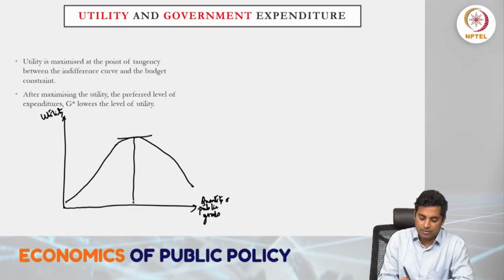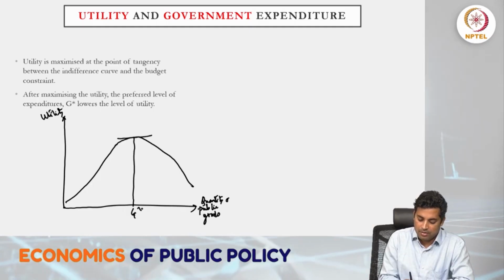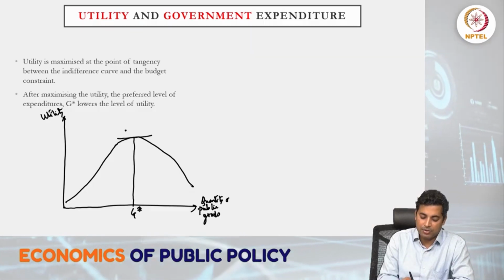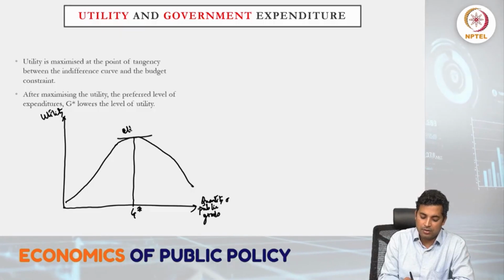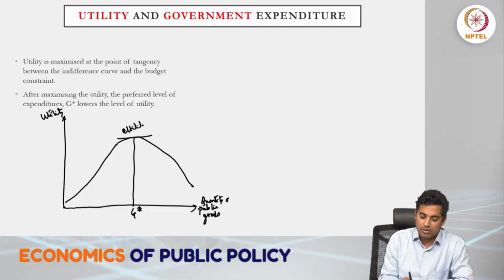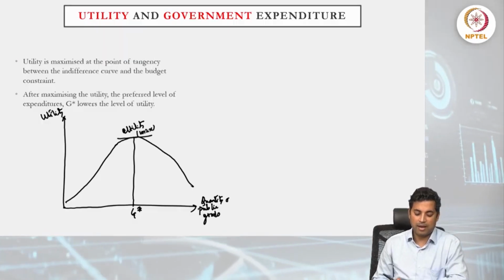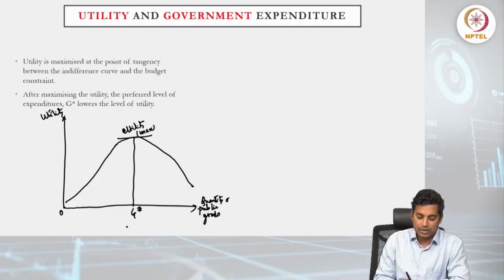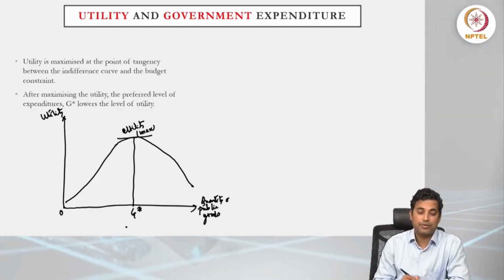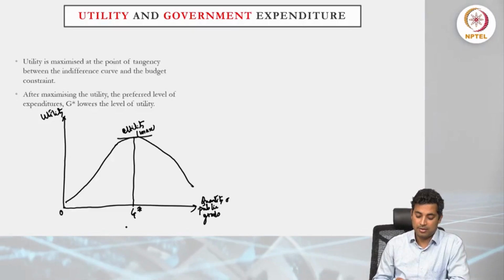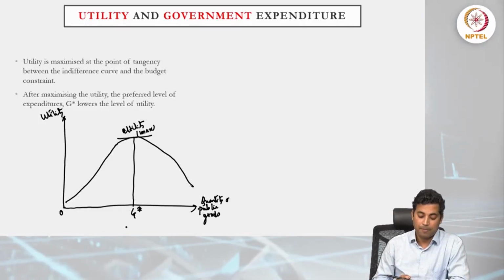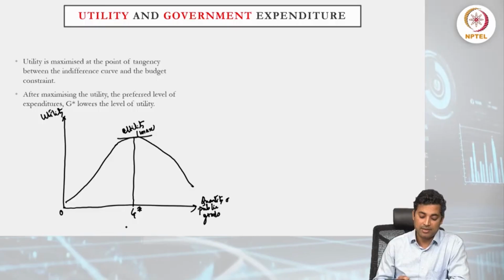At that point we call it maximum utility. So utility is maximum at OG star amount of quantity of the public goods, where utility gets maximized.